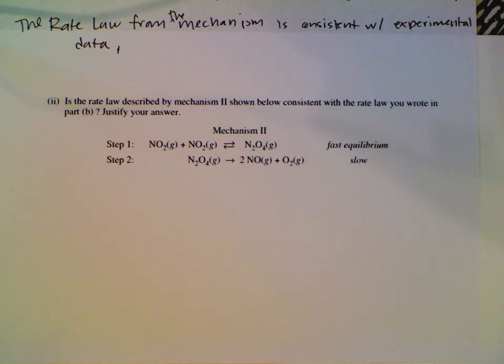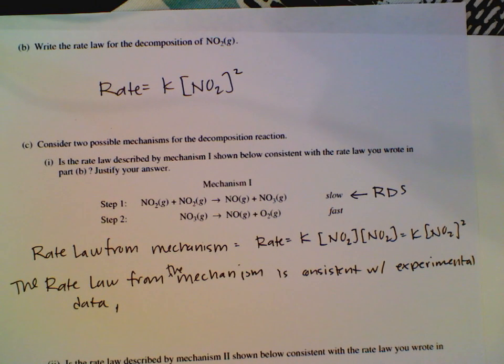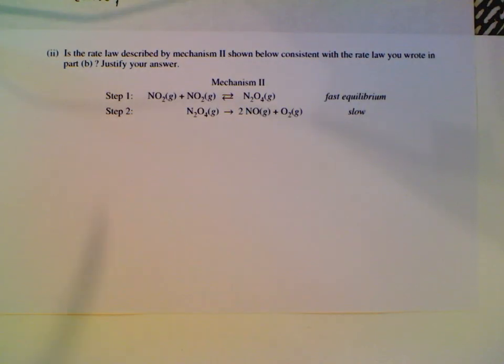So it says, is the rate law described by mechanism 2 consistent with the rate law you wrote in part B? So what we're looking for now is we still want the rate to be rate equals k times [NO2] squared. But if we look here, we always have to pay attention to the slow step.